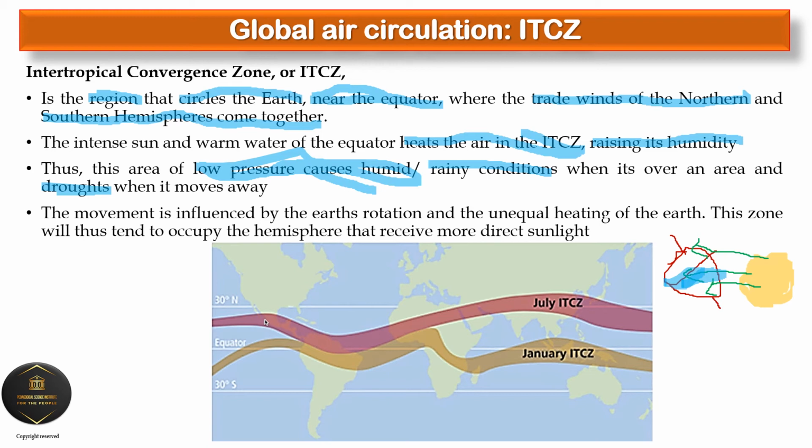You see, it's called the intertropical convergence zone. Now, intertropical simply means at the center of the tropical regions. And we say it's a convergence zone. And what systems are associated with air convergence? We said those are low pressure systems.